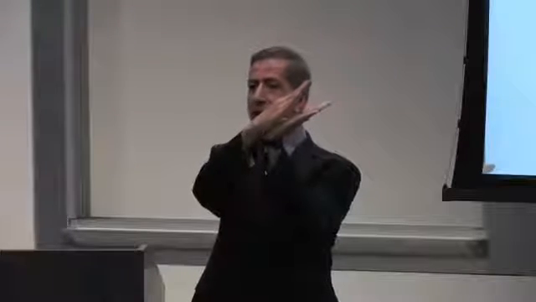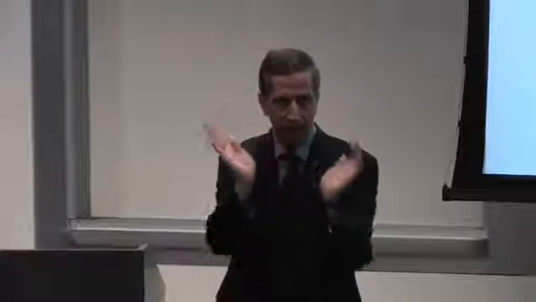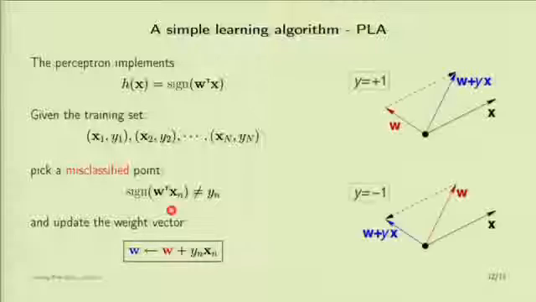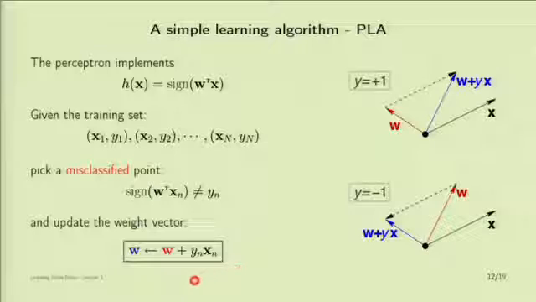So being misclassified means that either they are this way and the output should be -1, or it's this way and the output should be +1. That's what makes it misclassified, right? Okay, so if you look at this formula, it takes the old w and adds something that depends on the misclassified point, both in terms of xn and yn. Well, yn is just plus or minus 1. So here you are either adding a vector or subtracting a vector.